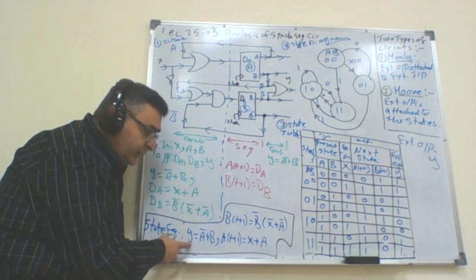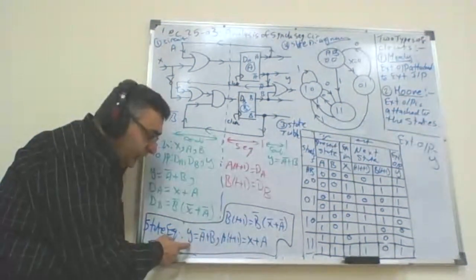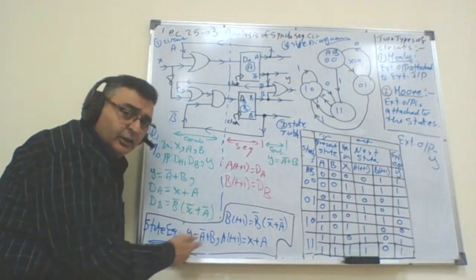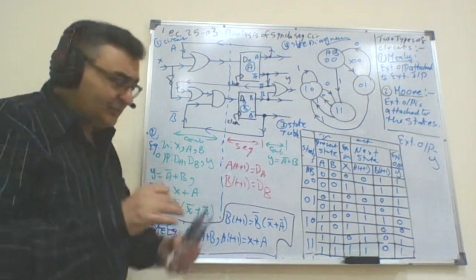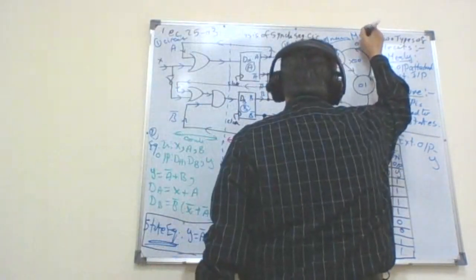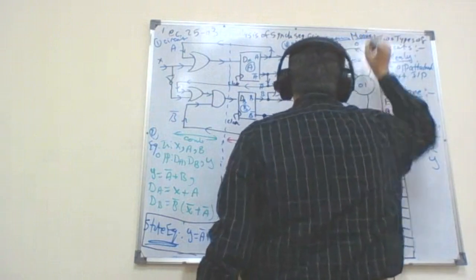Our equation of Y here does not have X. Y equals A bar or B. Do you see X here? I cannot see X here. So that means our circuit here is Moore, not Mealy.